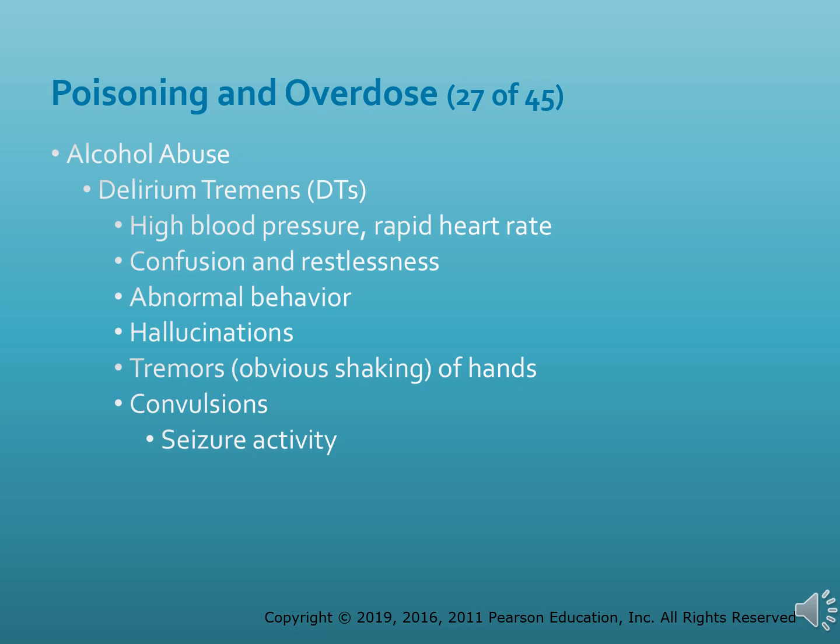During alcohol abuse or after, you can have delirium tremens, or DTs they call them: high blood pressure, rapid heart rate, confusion and restlessness, abnormal behavior, hallucinations, tremors, obviously shaking of the hands are most common, and then convulsions and seizure activity. So delirium tremens are a result of rapid withdrawal of alcohol.